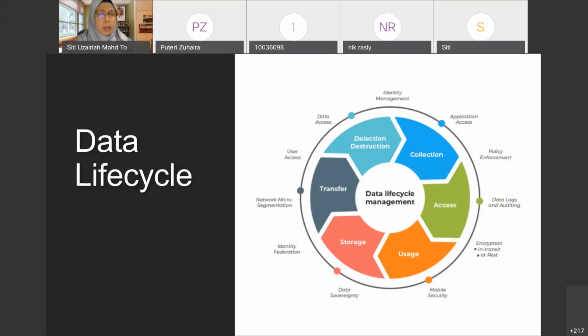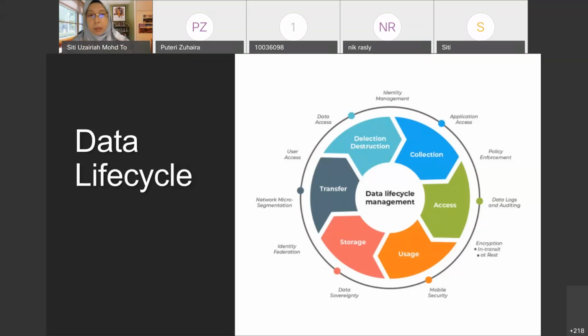You must be clear on this. Who is going to have access to the data? Who can use the data? For example, if you collect the data from your customer, can you give or disseminate the data or pass the data to a third party? So you need to look back at your ethical terms and conditions, for example.